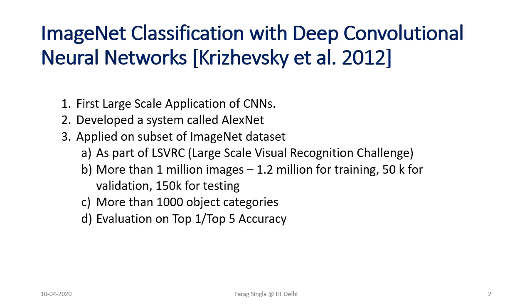In fact, it would not be an overstatement, right, if one would consider him as one of the fathers of modern day deep learning. And as I said earlier, this particular paper describes the first large-scale, successful application of convolutional neural networks to a real life problem, which is classifying objects in images.